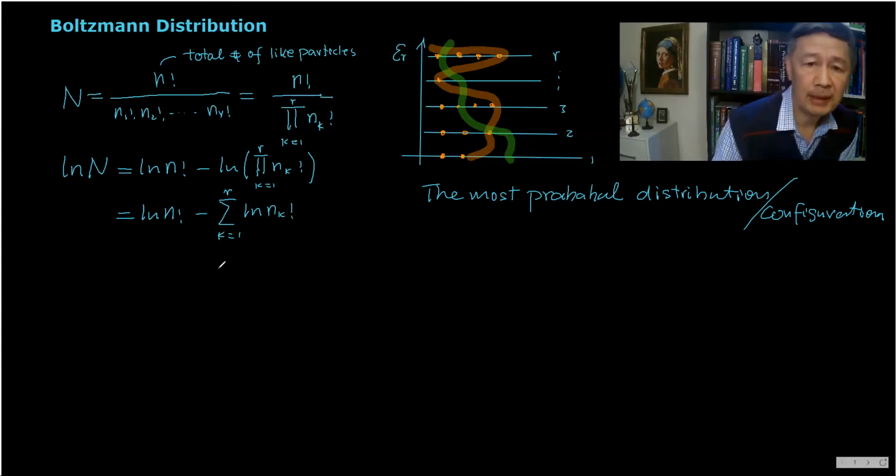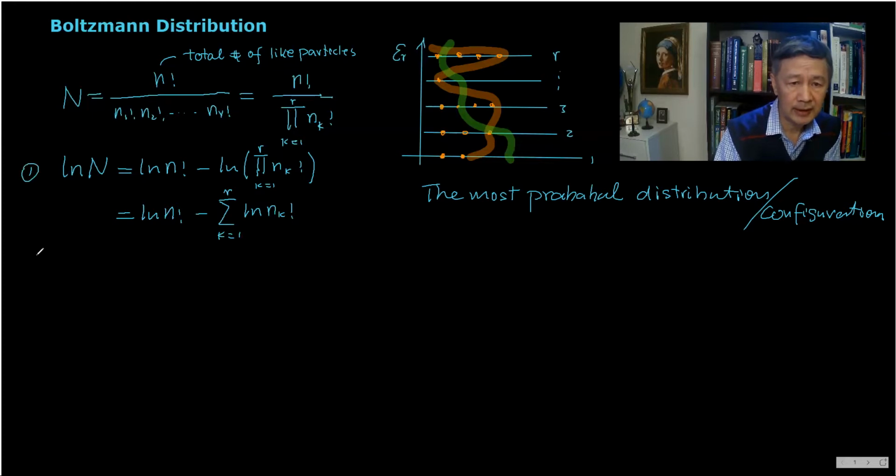But this is the first step, the first simplification. The second simplification is, if n is large, large numbers, we can use what we call the Stirling approximation.